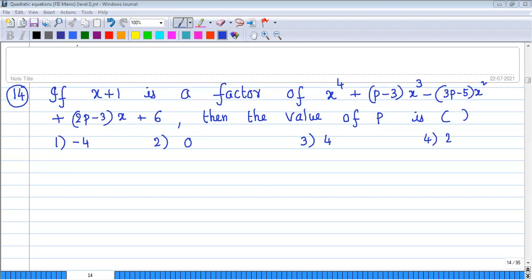See, if x plus 1 is a factor of this polynomial, then we need to find out the value of p.